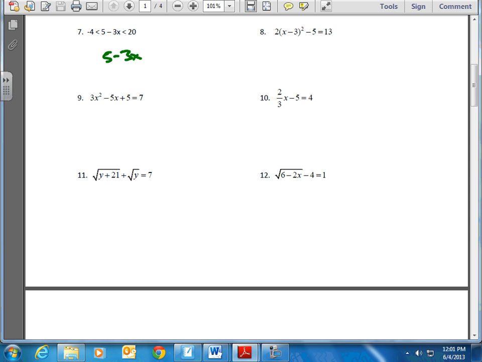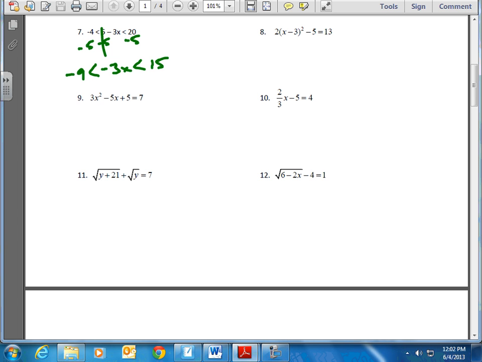If I just had the 5 minus 3x is greater than a negative 4, again I would subtract 5 from both sides. So to put them together, I'm simply going to subtract 5 from everything. Subtract 5 from here, subtract 5 from here, subtract 5 from here. These go away to leave a negative 3x in the middle. 20 minus 5, negative 4 minus 5.